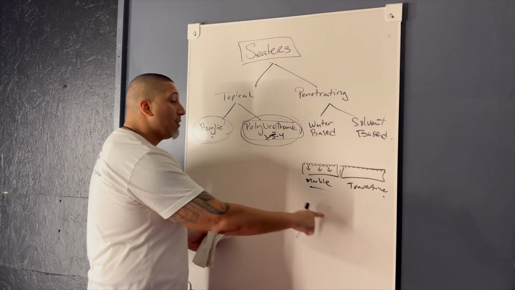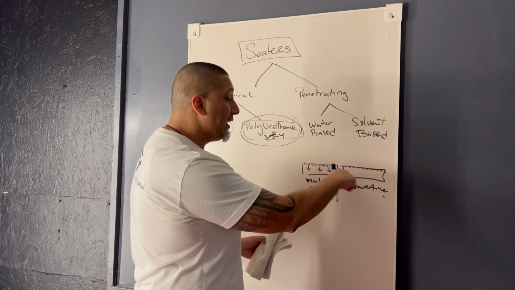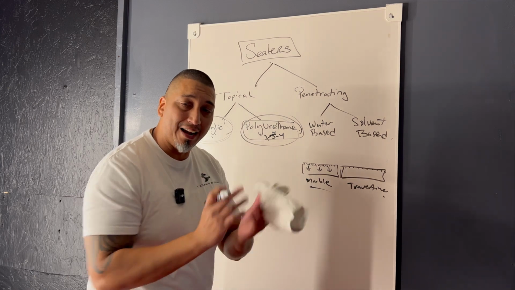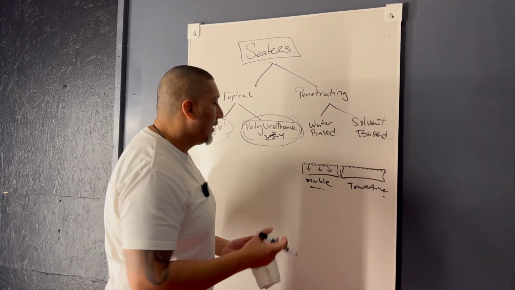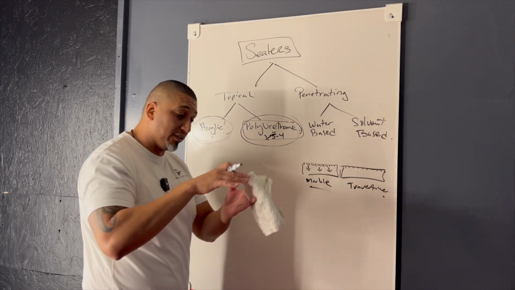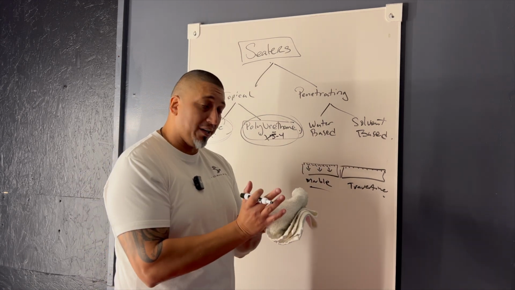In this case, with a marble or a travertine, you would want to go with a penetrating sealer, because natural stone needs to expand and contract. It needs to breathe. It needs to allow evaporation to occur should water get into the grooves or into the pores. It needs an exit place.